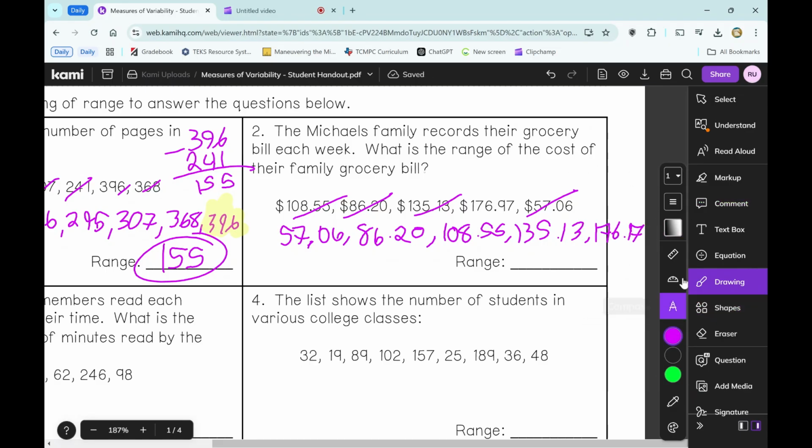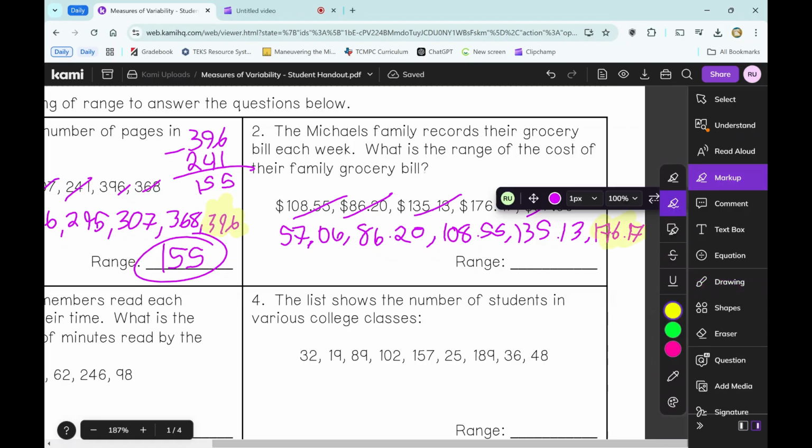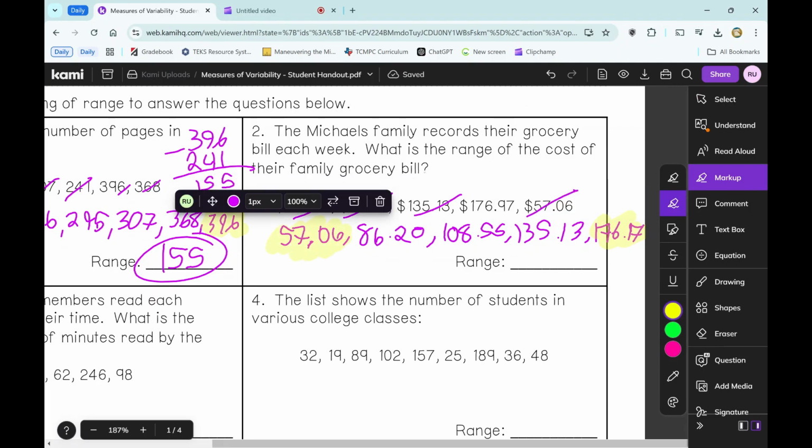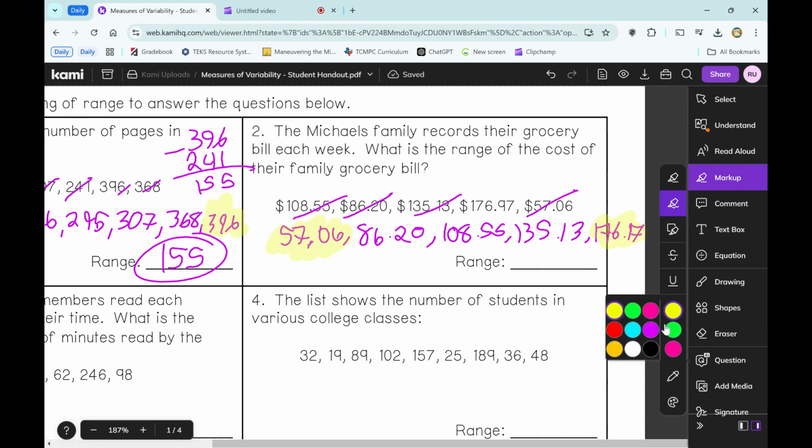So now that I put them in order, my next step is to find the highest and the lowest. $176.97 would be the highest, and then $57.06.